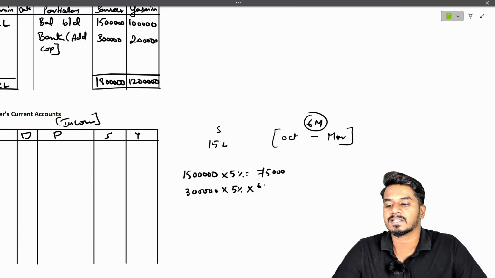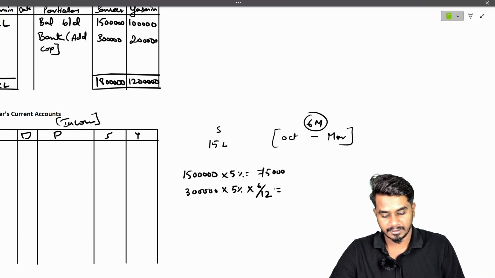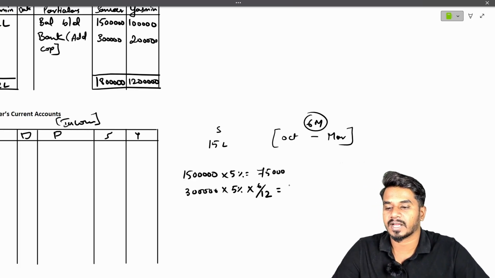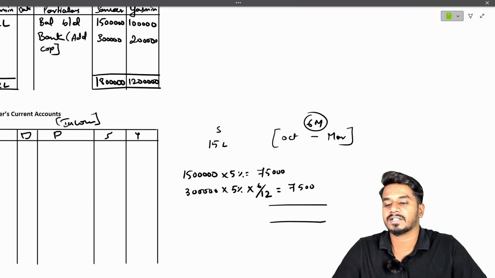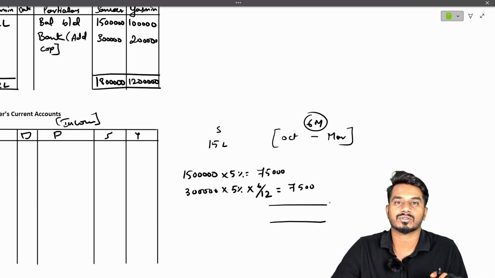5% into 6 out of 12 months. Correct. So let us calculate 3 lakh rupees into 5% into 6 divided by 12. It is 7,500. So what is the total interest on capital for Samir? 75,000 plus 7,500.